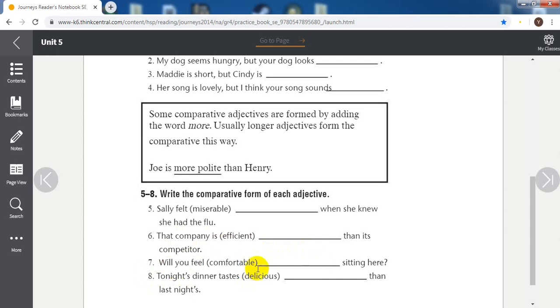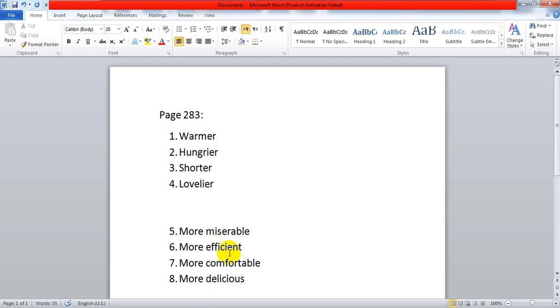Will you feel comfortable sitting here? Or will you feel more comfortable sitting here? Number 8. Tonight's dinner tastes delicious than last night. So we're going to change delicious to more delicious than last night's. Great job. So here you got from 5, 6, 7, 8. More miserable, more efficient, more comfortable, and more delicious.